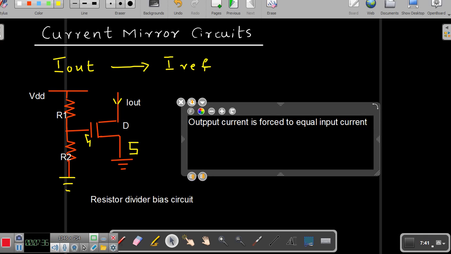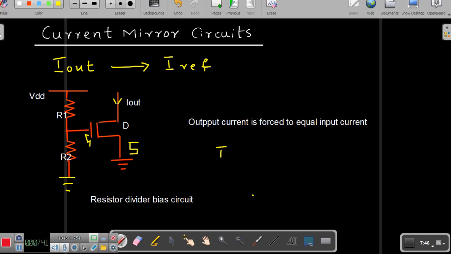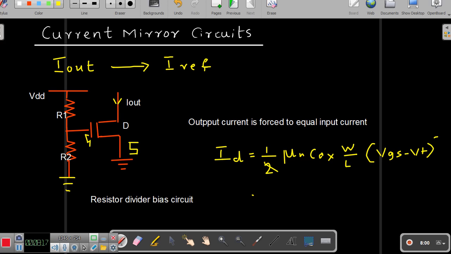ID, the drain current or your output current, would have been equal to half mu n COX W by L into (VGS minus VT) whole square, where mu n is the effective charge carrier mobility, COX is the oxide capacitance, W by L is the ratio of width to length of the channel, VGS is the gate to source voltage, and VT is the threshold voltage.